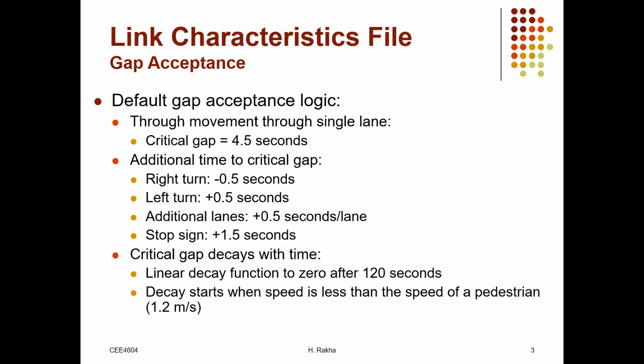So let's say I want to make a left turn and there's opposing through movements. So I will have to find a gap of a certain size in order to be able to make my movement. In integration, the default, which is based on empirical data, is that the critical gap for a through movement.